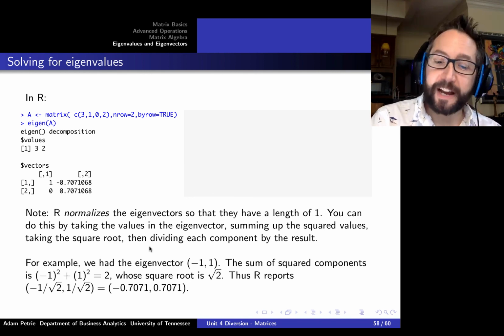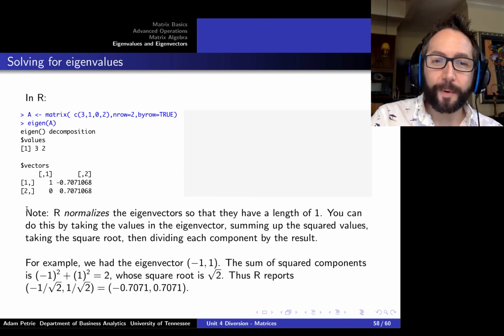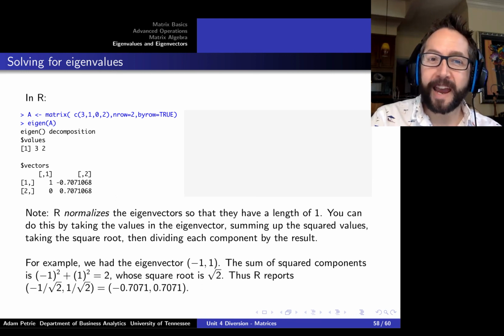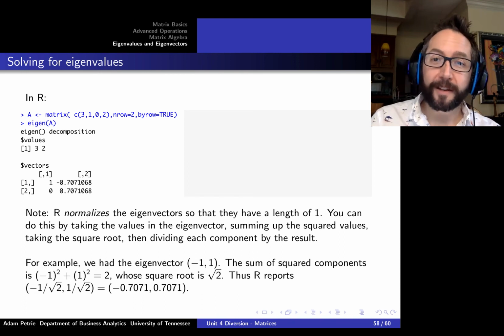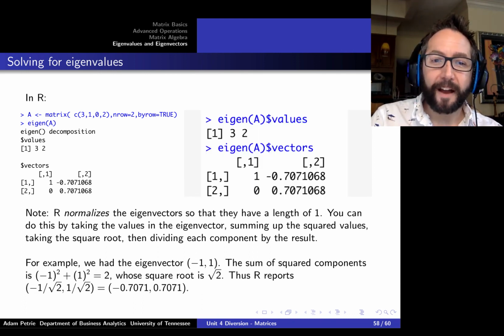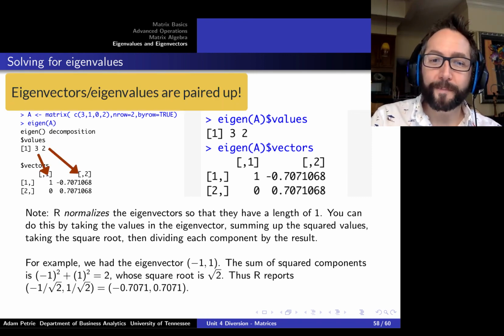Well, a few different commands actually do this for you. We can stick with the eigen command. So given a square matrix A, running eigen is going to give us a list of two quantities. It's going to give us a vector of eigenvalues, and it's going to give us a list of eigenvectors. For every eigenvalue, there's going to be a corresponding eigenvector, and you just match them up one by one. So the first eigenvalue is 3 in this case.